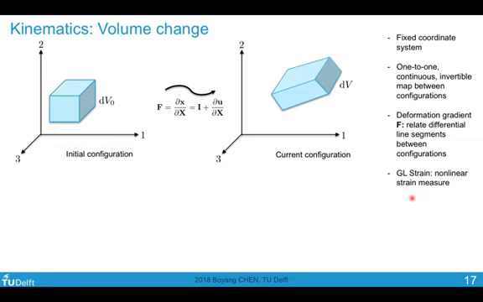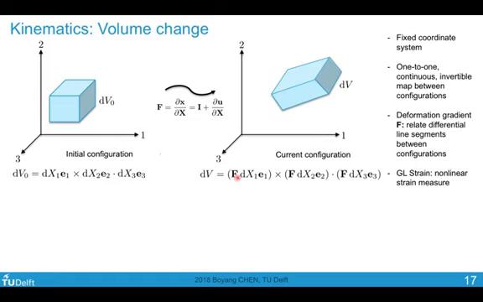All right, from vector calculus, we know that a differential volume like a cube like this can be expressed as dX1 cross product with dX2 and then dot product with dX3. Similarly, we can express the same thing for dv, which is the same cube but transformed in the current configuration. So here we would write d small x1 cross product with d small x2 and then dot product with d small x3, except that now I'm going to make use of the deformation gradient so that we can directly write it this way.